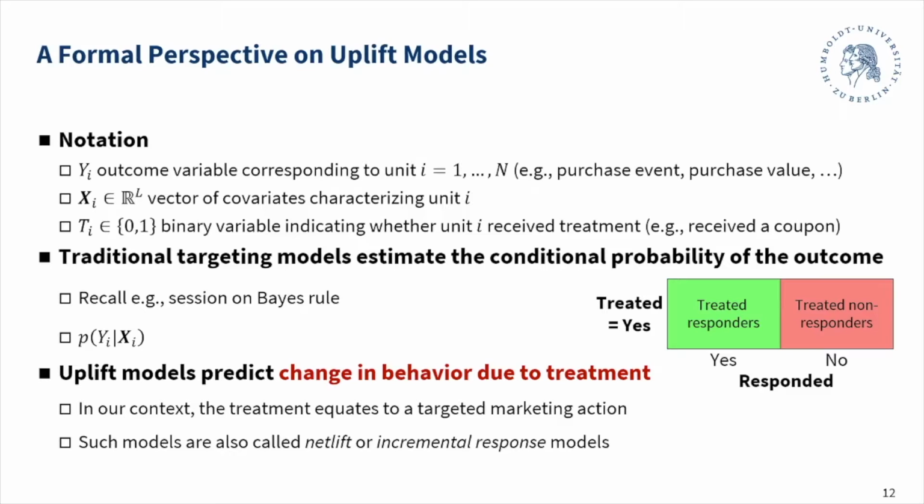You can easily convince yourself of this statement by revisiting the chapter on Bayes' rule, statistical learning. And more generally, if we not only consider binary outcomes where we have this immediate translation into probabilities, we could say supervised machine learning models estimate conditional expectations.